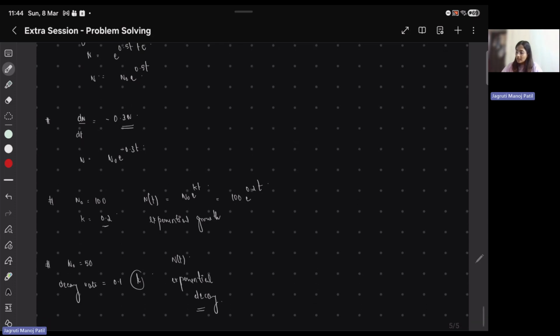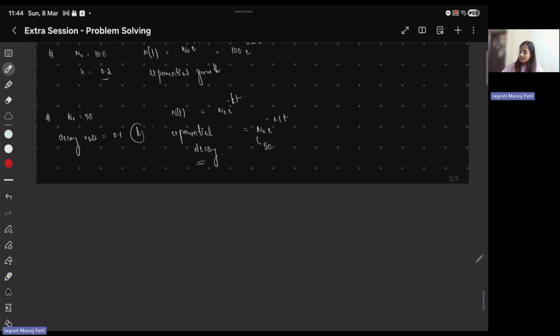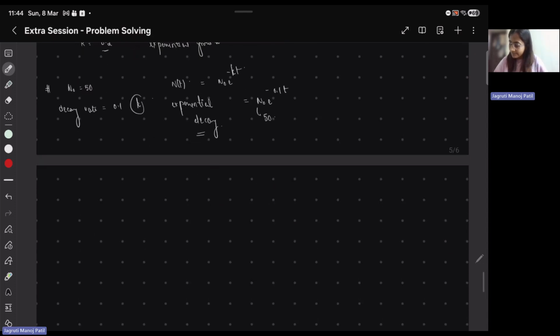Now, when you say decay, it's essentially negative. So it's trying to reduce. So this would be minus kt. Okay. k is positive, but since it's decay, you'll have a negative sign there times t. And this N naught you can substitute back as 50. Okay. I hope that was clear.